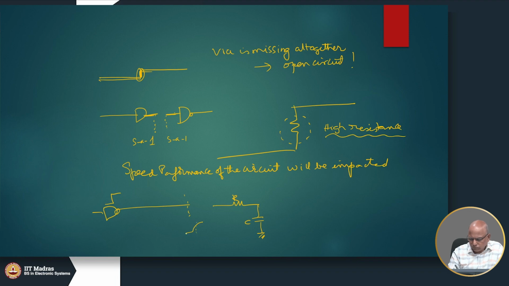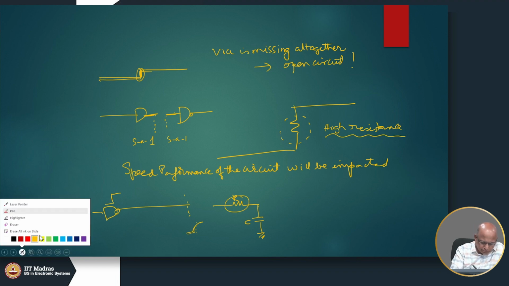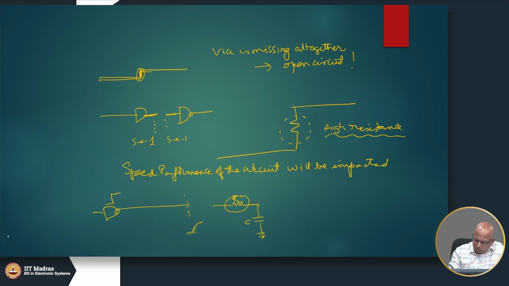The output will go from 0 to 1 with some delay. But if this resistance is very high, then this output will go from 0 to 1 much more slowly. It may go like this.